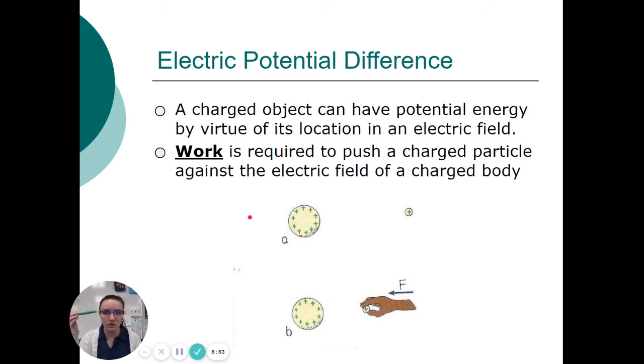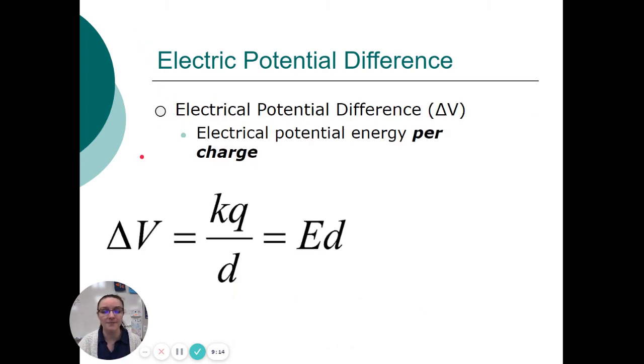The gravitational field pulls everything towards Earth because Earth is so big. And so by lifting and going against that field, I had to do work. So pushing a charged particle against the electric field, you have to do work.